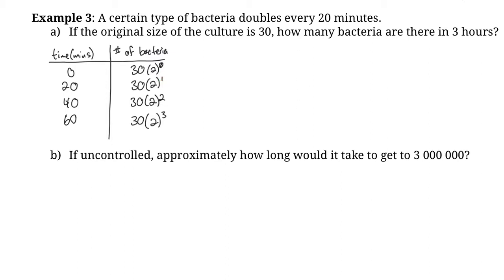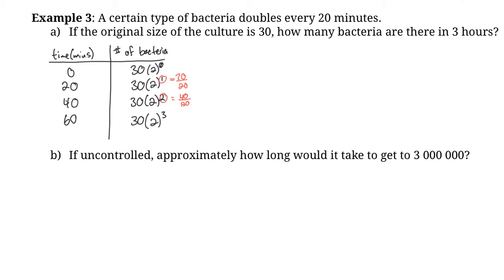So if we have the exponent 1 here, how can we use 20 to get 1? Well, we can take 20 and divide by another 20 because we know that 20 divided by 20 is equal to 1. Now, can we do the same thing with this 40? If we took our 40, those are our minutes, and divide that by 20, do we get 2?